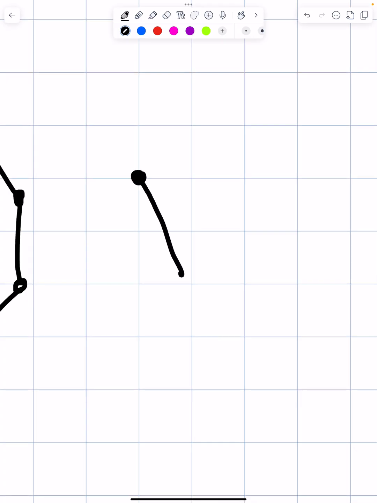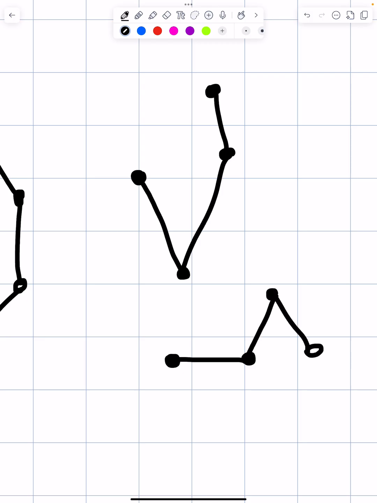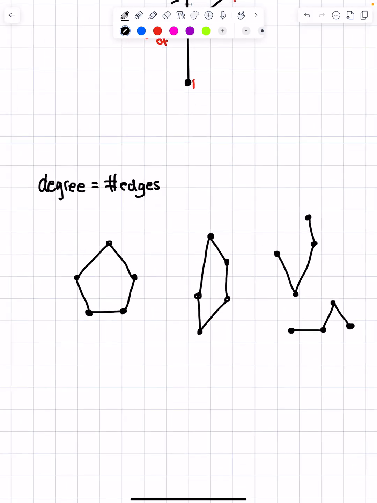Here is another graph. These are all graphs. Now, I want you to take a look at them and tell me if they're different or similar, because they all look different.